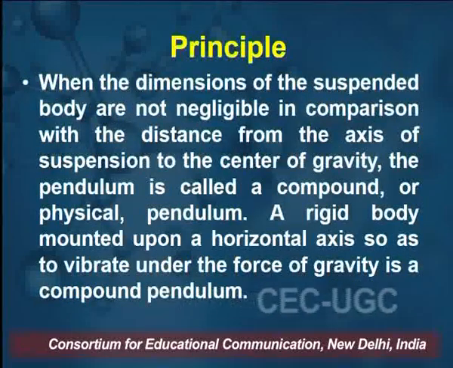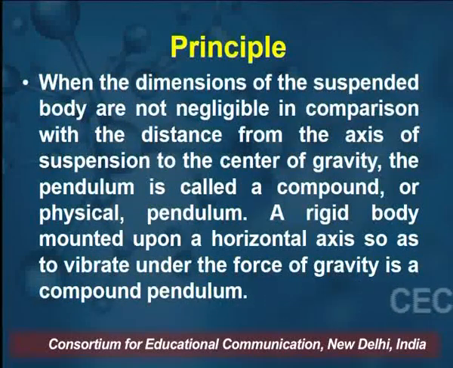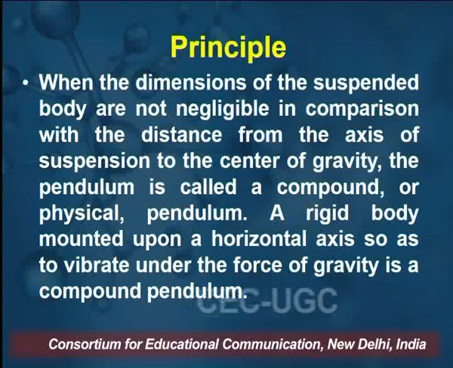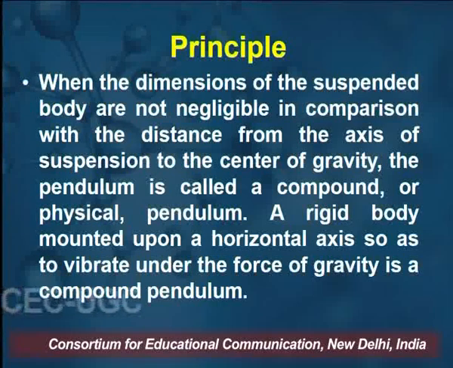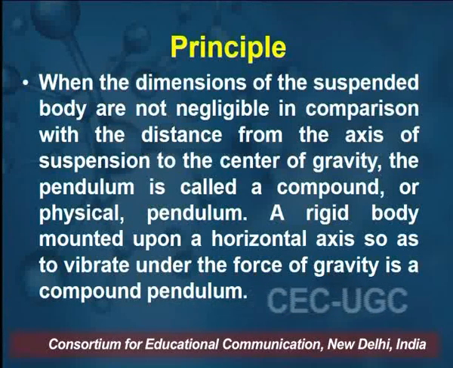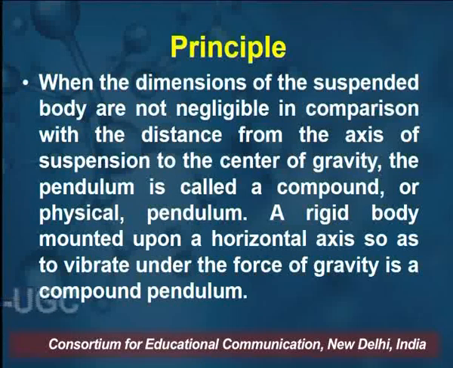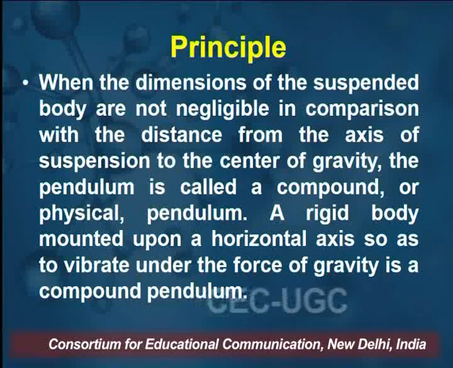Now, dimensions of the suspended body are not negligible in comparison with the distance from the axis of the suspension of the center of gravity, and this is called the compound pendulum or the physical pendulum. It is a rigid body mounted upon a horizontal axis so as to vibrate under the force of gravity, known as the compound pendulum.